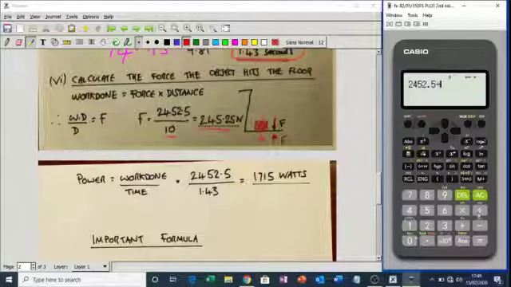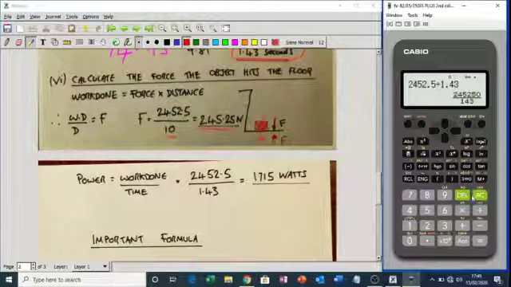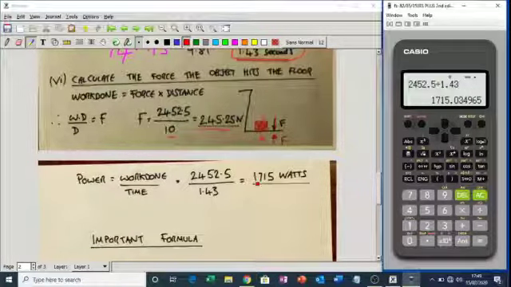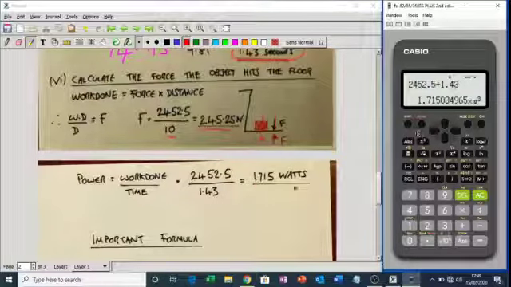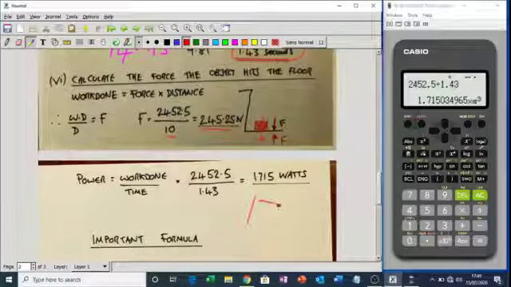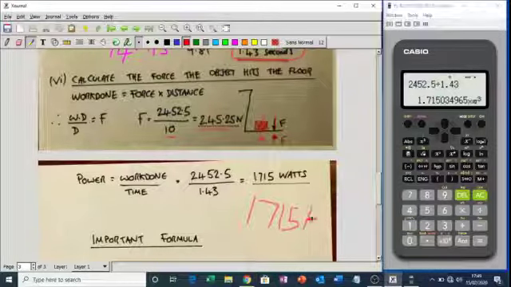2452.5 divided by 1.43 gives me 1715 watts of power, or if you want to do engineering, 1.715 kilowatts.